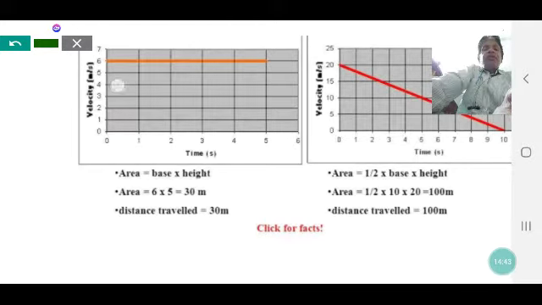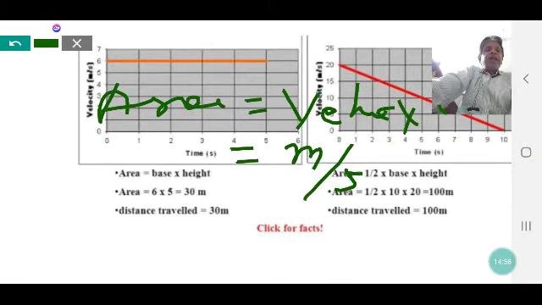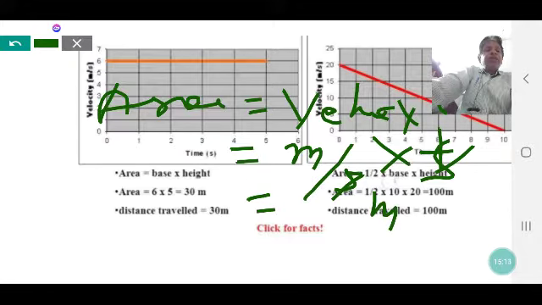We know that the area in the velocity-time graph is equal to velocity into time. The unit of velocity is meter per second, and time is in seconds, so the seconds cancel, and the area gives the value only in meter.